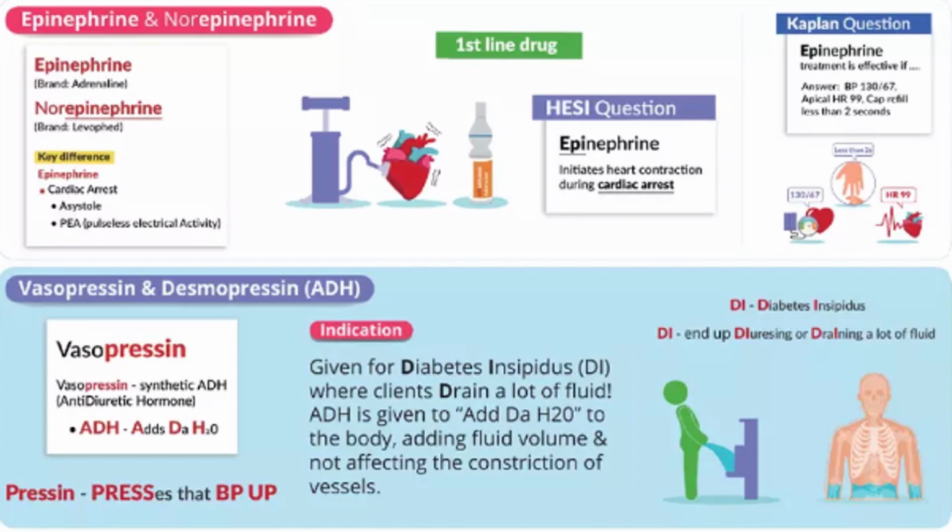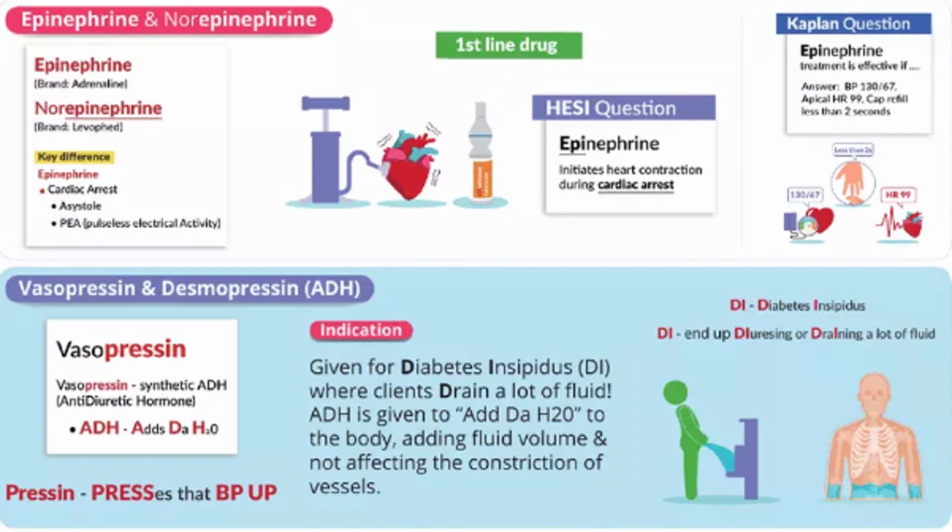Okay, vasopressin. This is synthetic antidiuretic hormone, okay, which makes sense. If I'm not diuresing, I'm holding on to it, okay? So I'm going to have vasoconstriction and also have fluid retention.